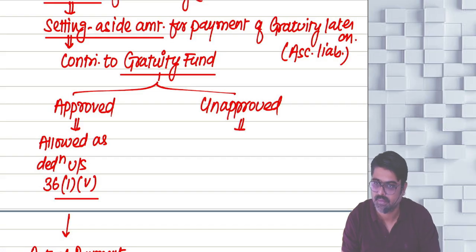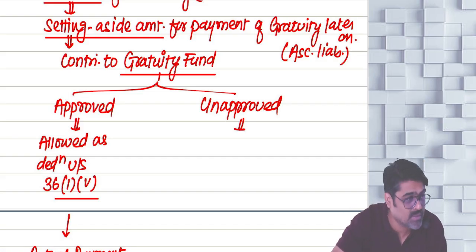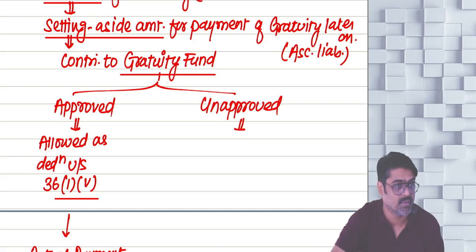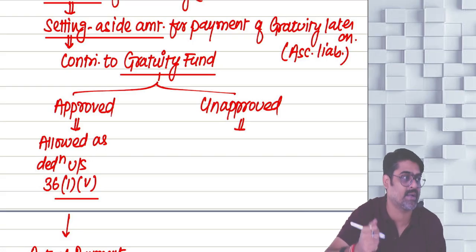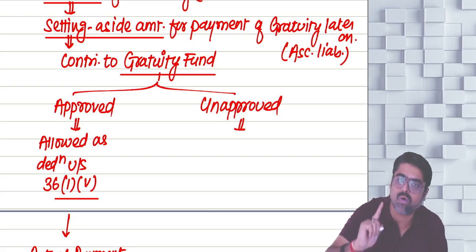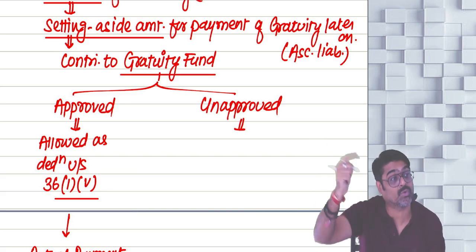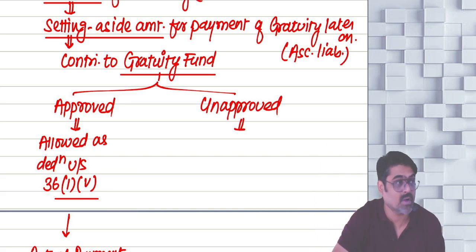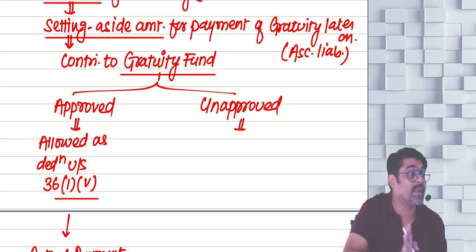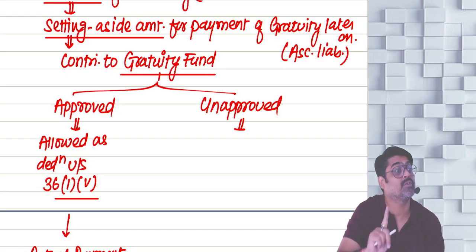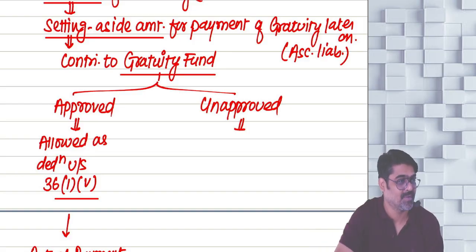Then for the unapproved gratuity fund where you are contributing right now, it is very risky to give you that deduction right now. So any contribution you are making to this fund right now for payment of gratuity in future will not be allowed when you make the contribution. This will be disallowed.